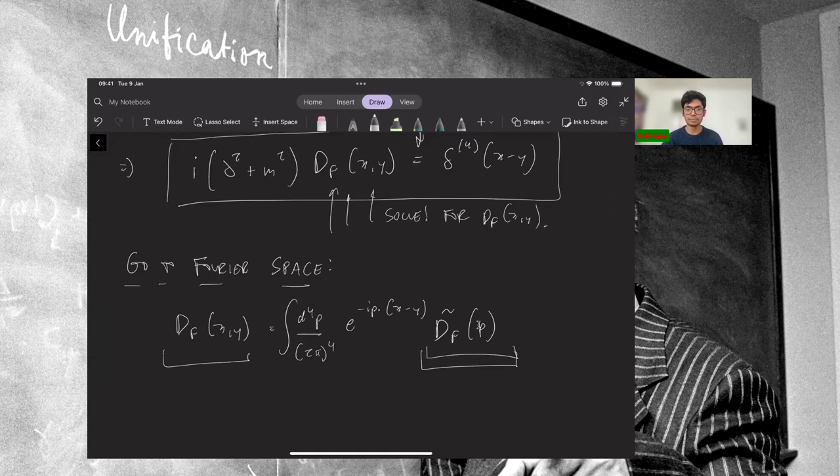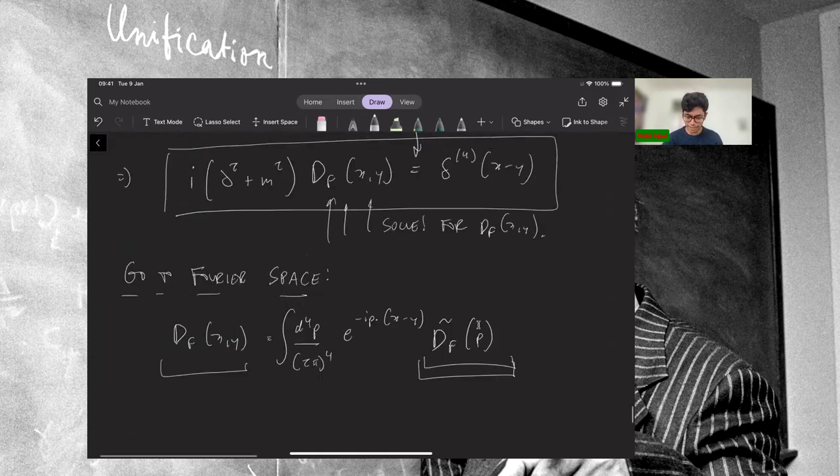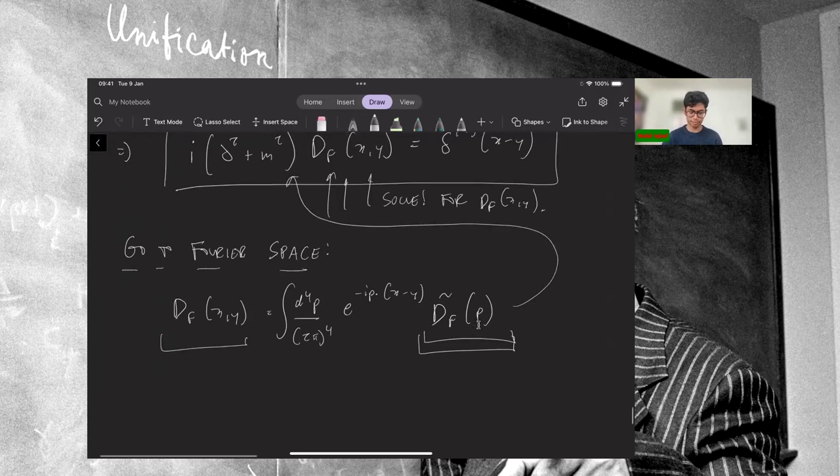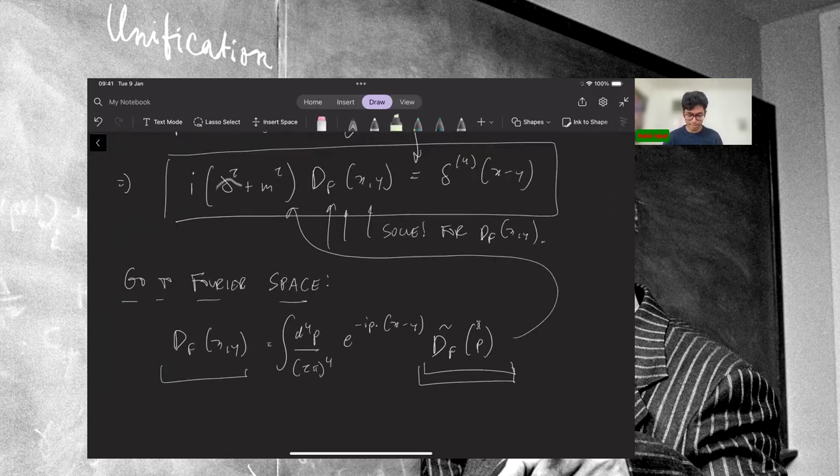Okay, so now let's take this and stick this into here. If we do that, then we imagine acting with this partial square on this guy. Each partial square brings down a p squared.